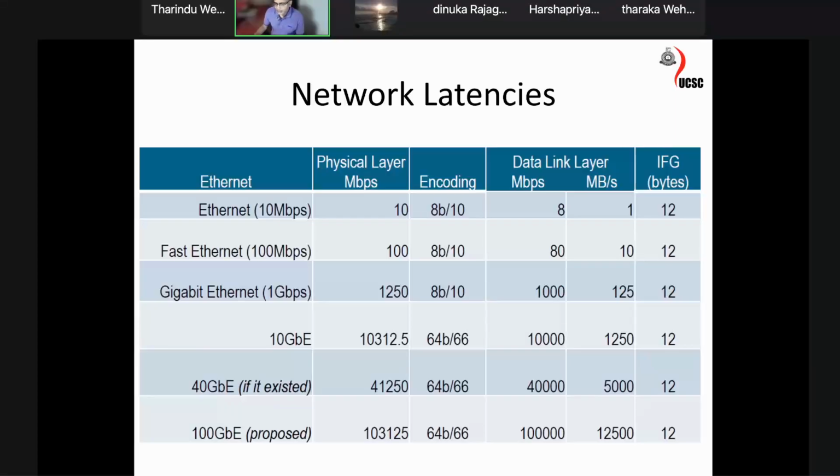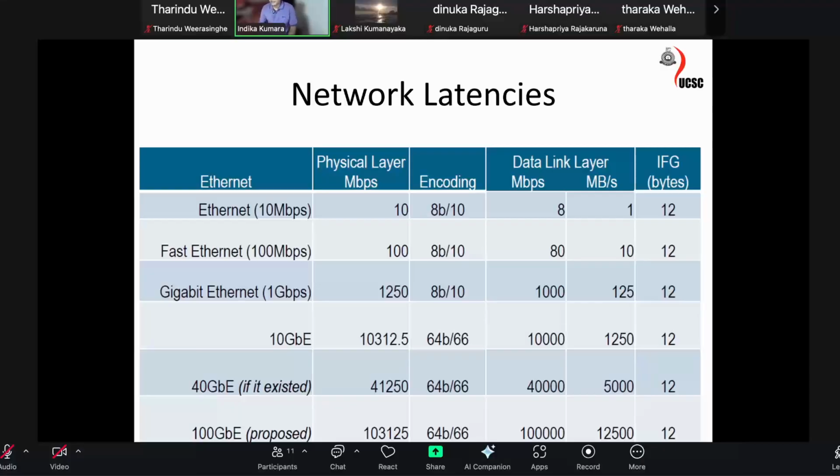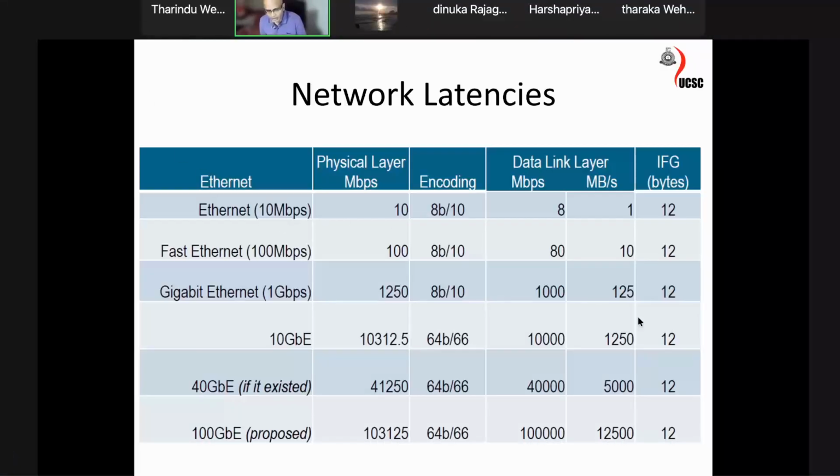For gigabit, there is an optimization, because rather than defining the bandwidth at the physical layer, the new standard defined the gigabit Ethernet protocol with a data link bandwidth of 1000 Mbps. The physical layer is 1250. By using the same encoding method with additional overhead, you can get the effective bandwidth of 1000 Mbps.